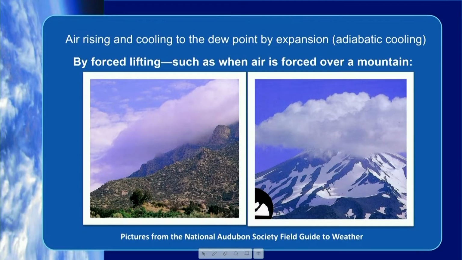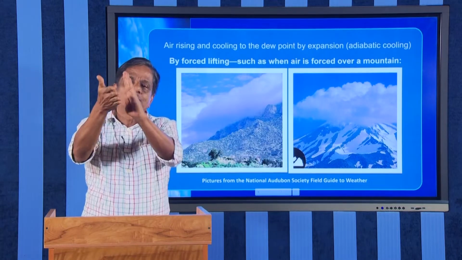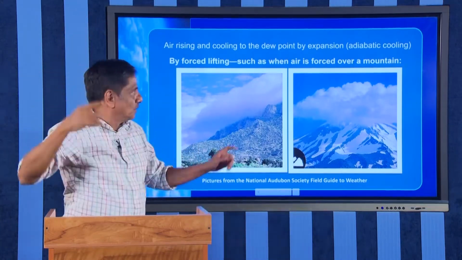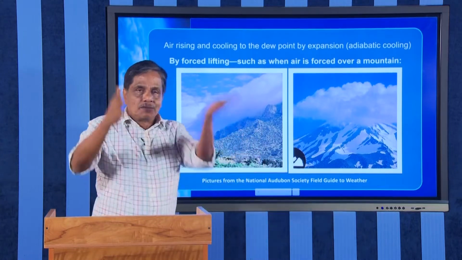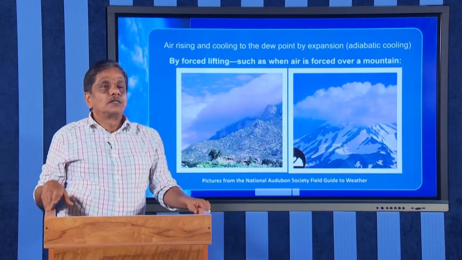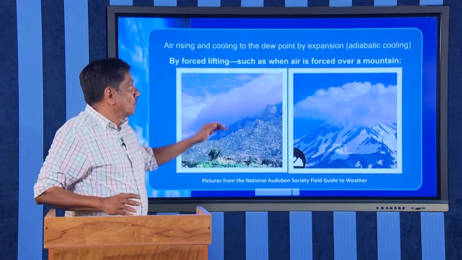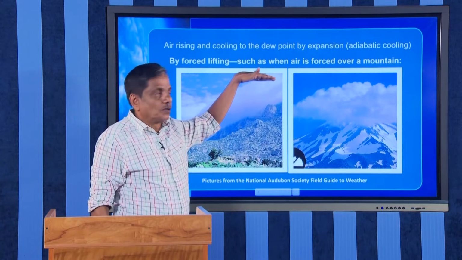So, the mountain will block it. As a result, the wind will go up. So, wind will be uplifted due to the presence of these mountains. When this air is uplifted, it is rather easy to get condensation. Therefore, clouds will always be formed on the top of a mountain.